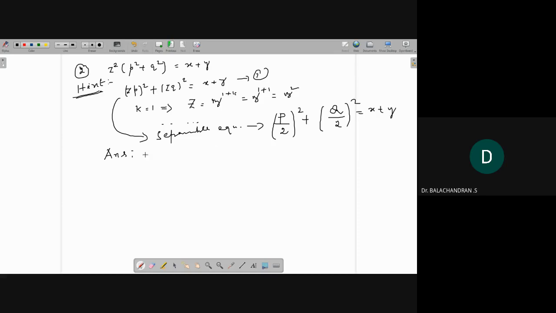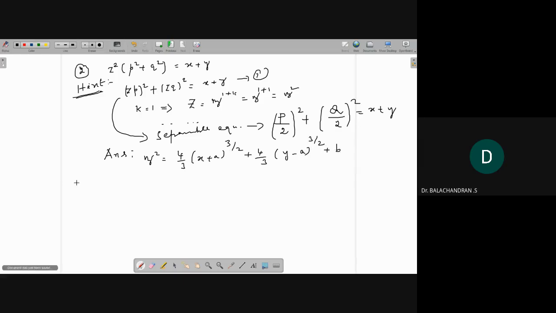So the answer for this problem is z square equal to 4 by 3 into (x plus a) whole power 3 by 2 plus 4 by 3 into (y minus a) whole power 3 by 2 plus b.